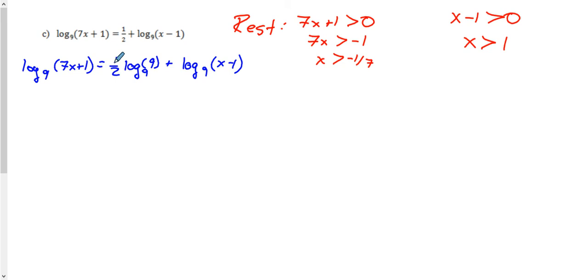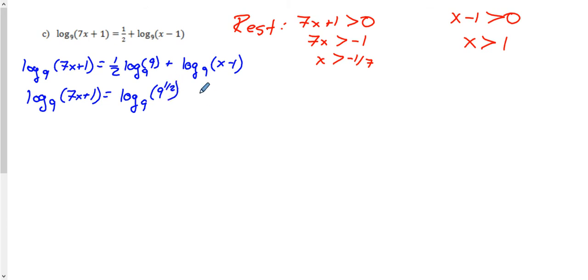Here, I need to move this 1/2 up as an exponent because we don't have any coefficients anywhere. So I have log base 9 of 7x plus 1 is equal to log base 9 of 9 to the 1/2, which I can evaluate, by the way.